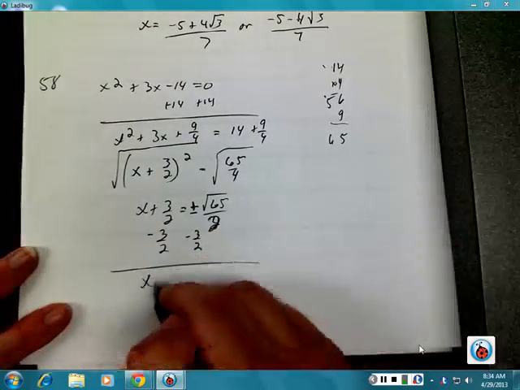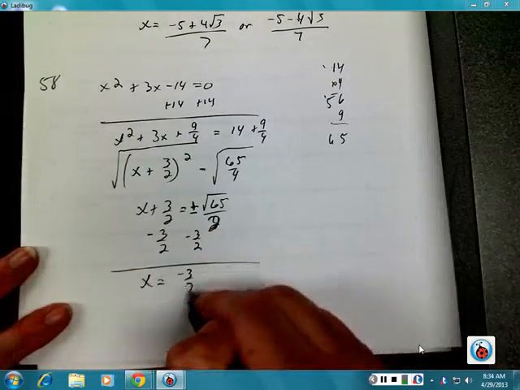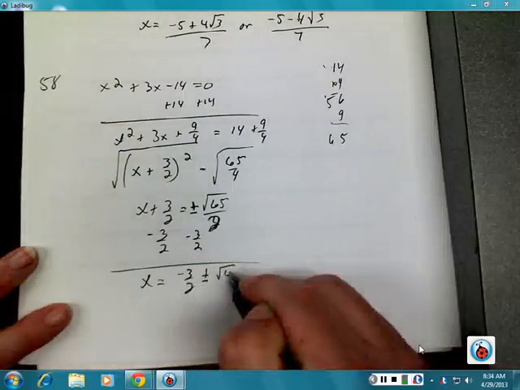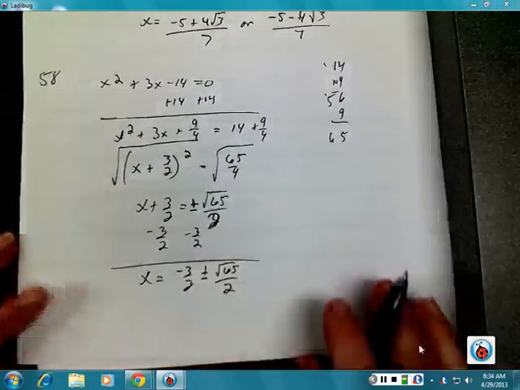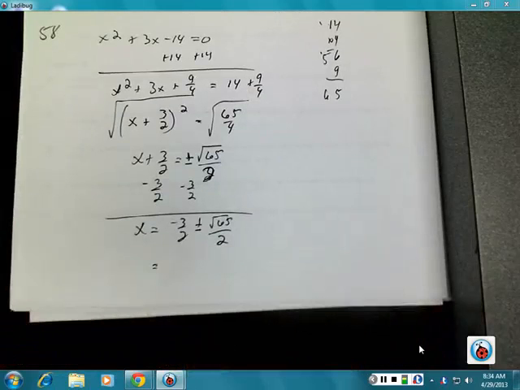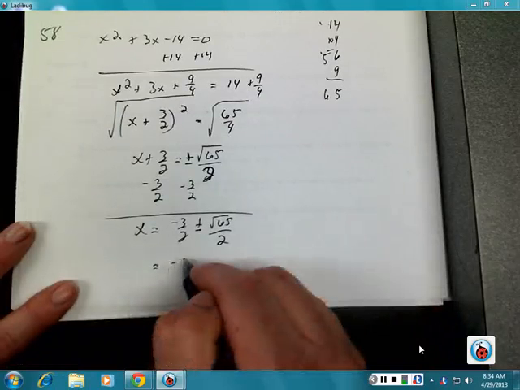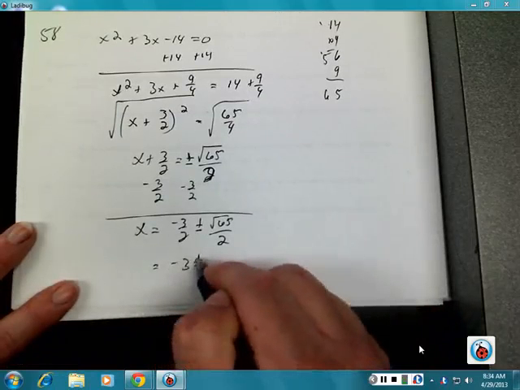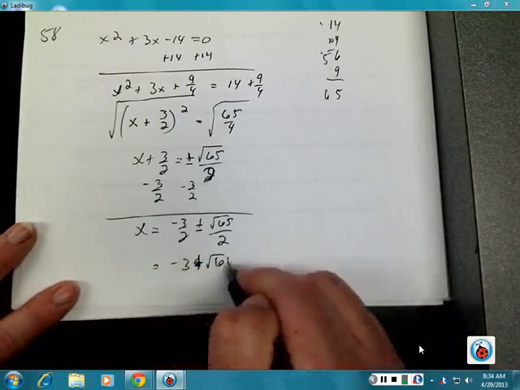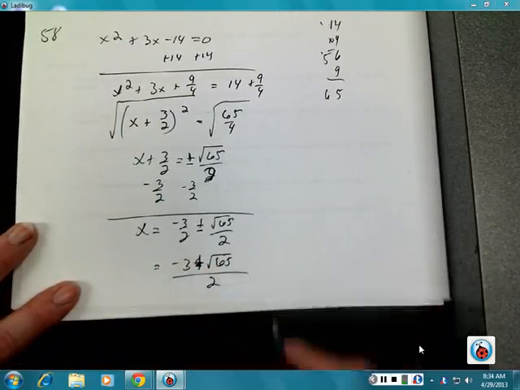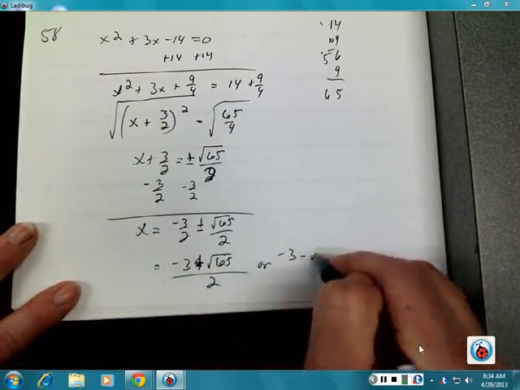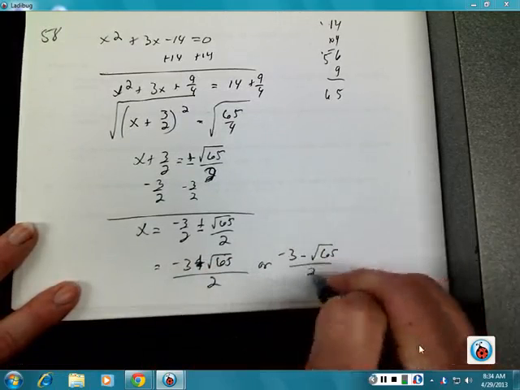So x is equal to negative 3 halves plus or minus the square root of 65 over 2, or if you're in Hawks, it's negative 3 plus the square root of 65 all over 2, or negative 3 minus the square root of 65 over 2.